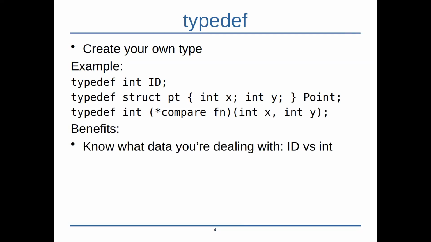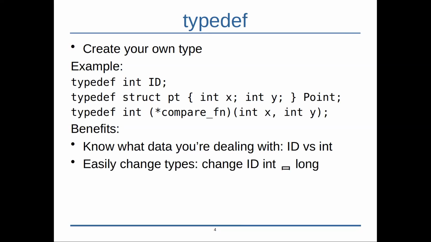So again, with this approach, you don't need to keep track of whether, okay, I used this integer, but I really meant an ID, right? So it's already self-documented, so to say, so you don't need to even put any comments for that. So you can easily change types, integer to long, for example, and you avoid typing struct, so struct pt versus point.